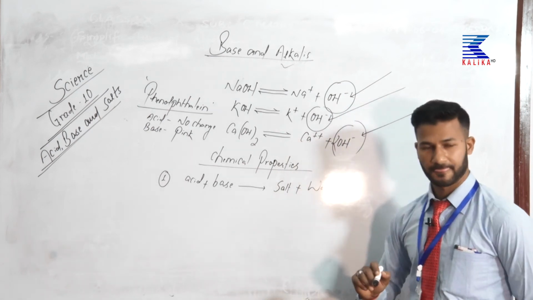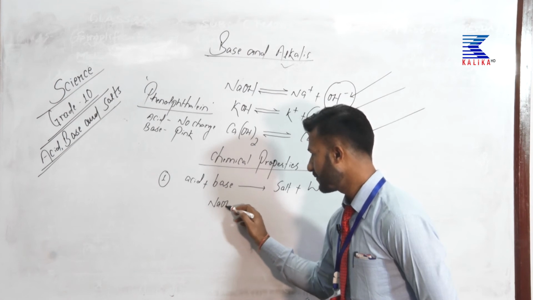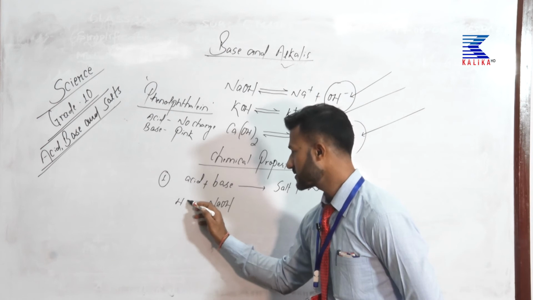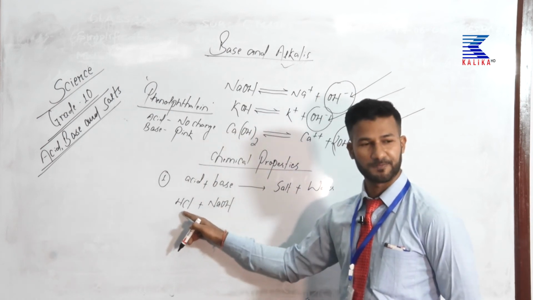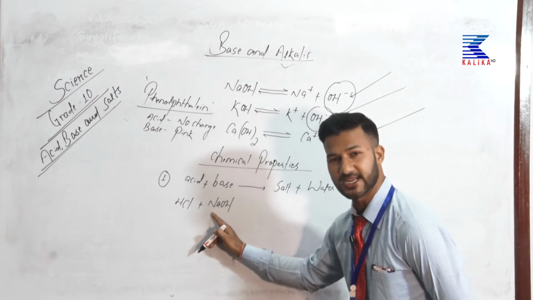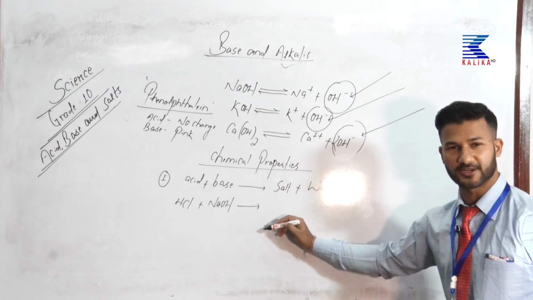Let us take one strong base, NaOH, called sodium hydroxide, and a strong acid, HCl, hydrochloric acid. When hydrochloric acid and sodium hydroxide are treated together, it forms neutral substances, salt and water.